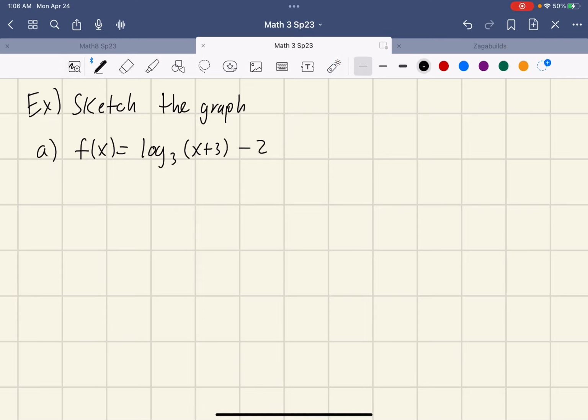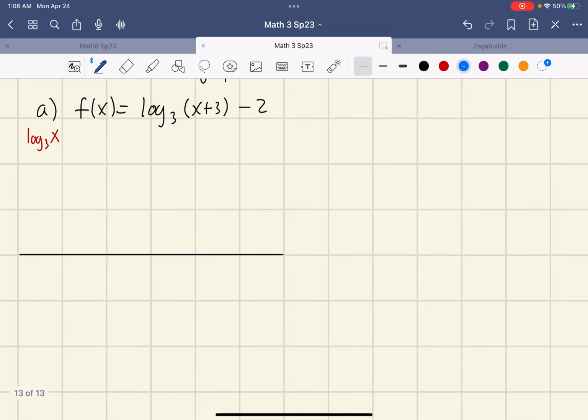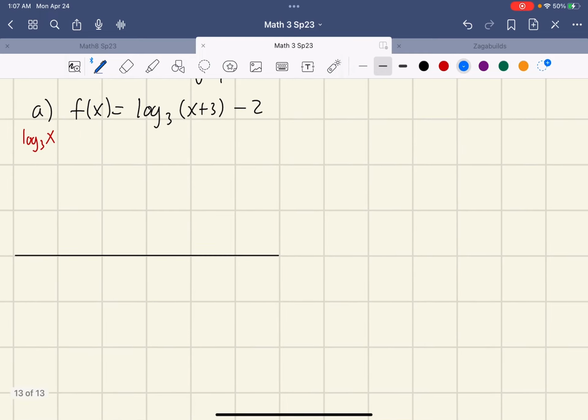So if we were to do a quick sketch, I'll do it here on the side. I'm not looking for perfect graphs, but I'm also not looking for sloppy ones. We start with our parent function, which here is log base 3 of x. Like I always said, as long as the base is bigger than 1, they all have the same overall shape, which means they have a vertical asymptote, and I'm going to draw it as a solid blue line.